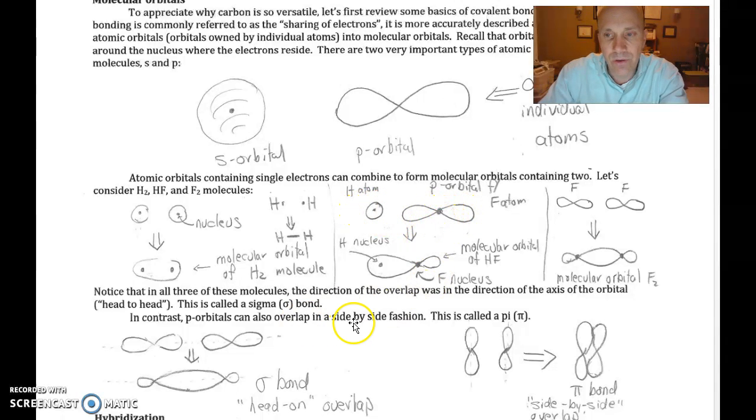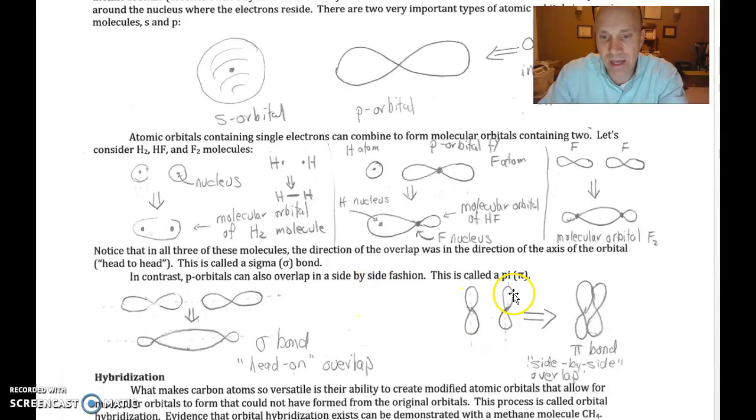All right. So in contrast to that, there's what's called pi bonding. So if I take two p orbitals, and instead of having them end to end like this, I held them so that they were parallel to each other. Notice that the axis of these bonds are now going like this, all right? And the overlap is not occurring along that axis.